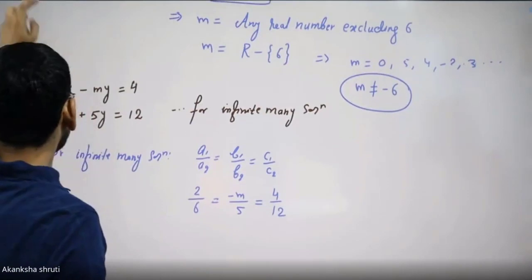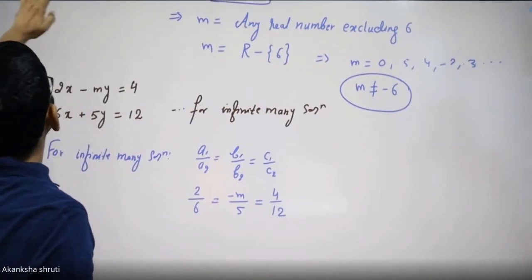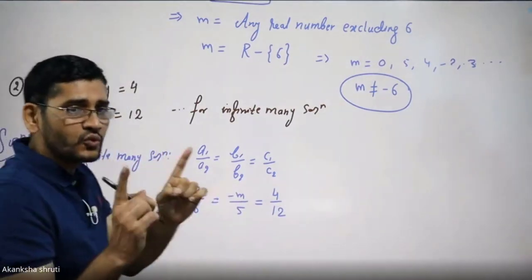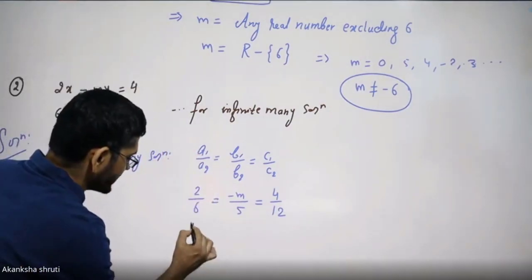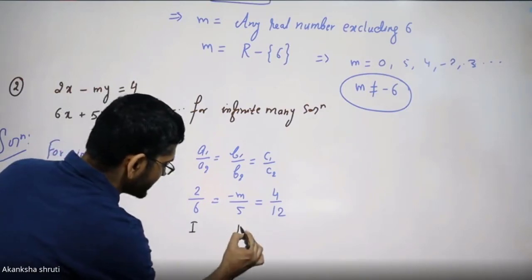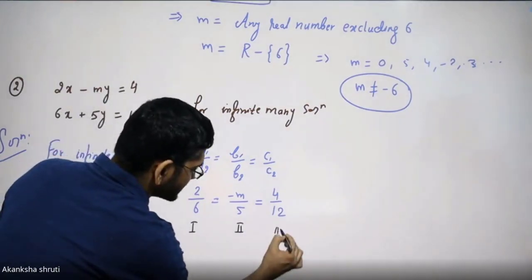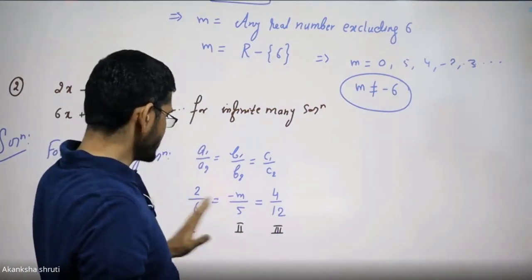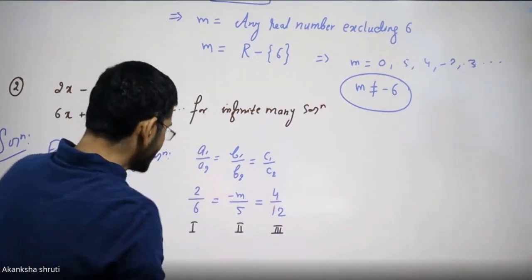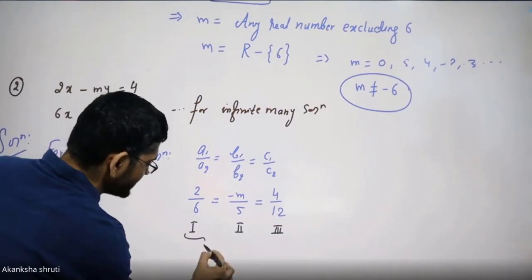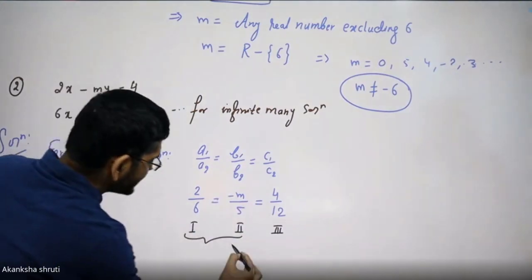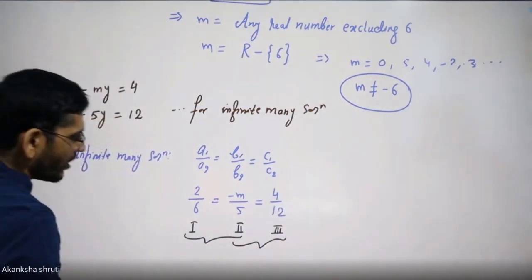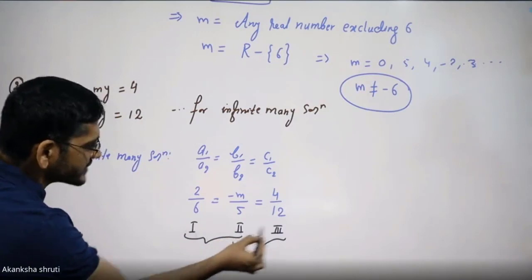So here the important thing is that these ratios give us 2 linear equations. One is this ratio, another this ratio, another this ratio. Students, you always follow this method. Wherever more than one ratio is equal, I can equate the first and second, make one equation. I can equate the second and third, or I may take the first and third.